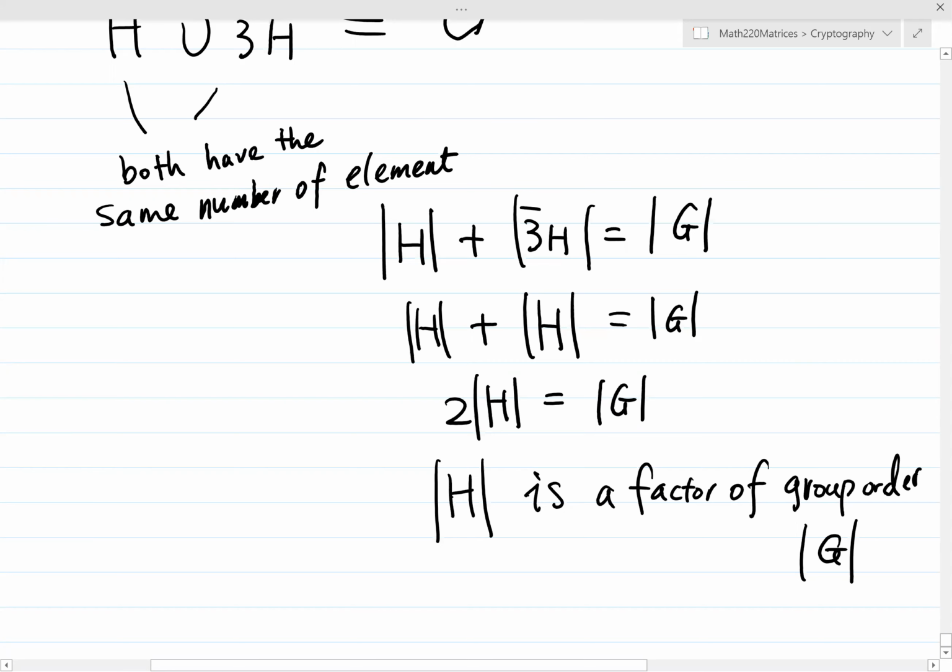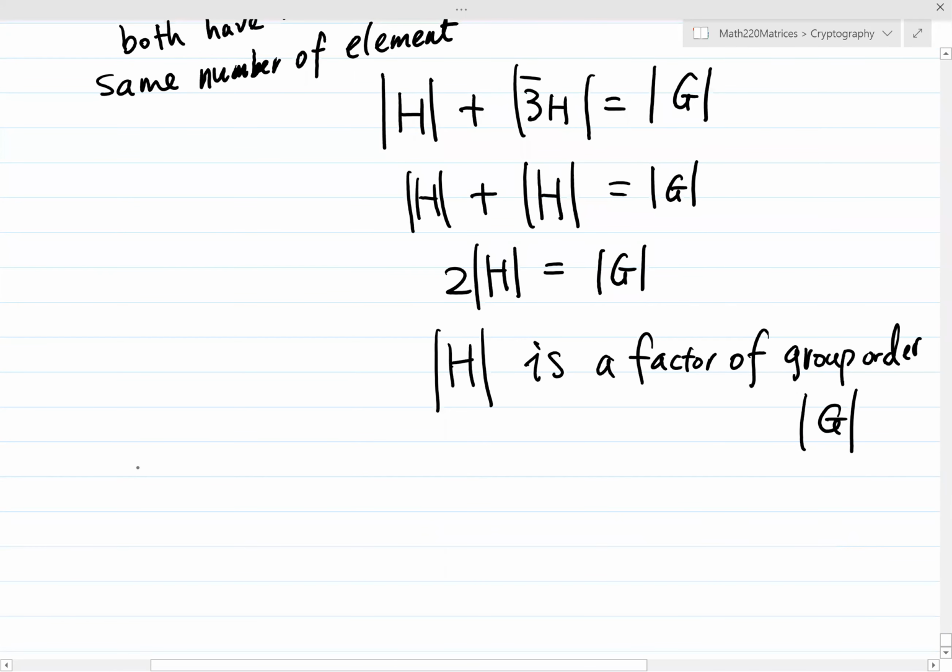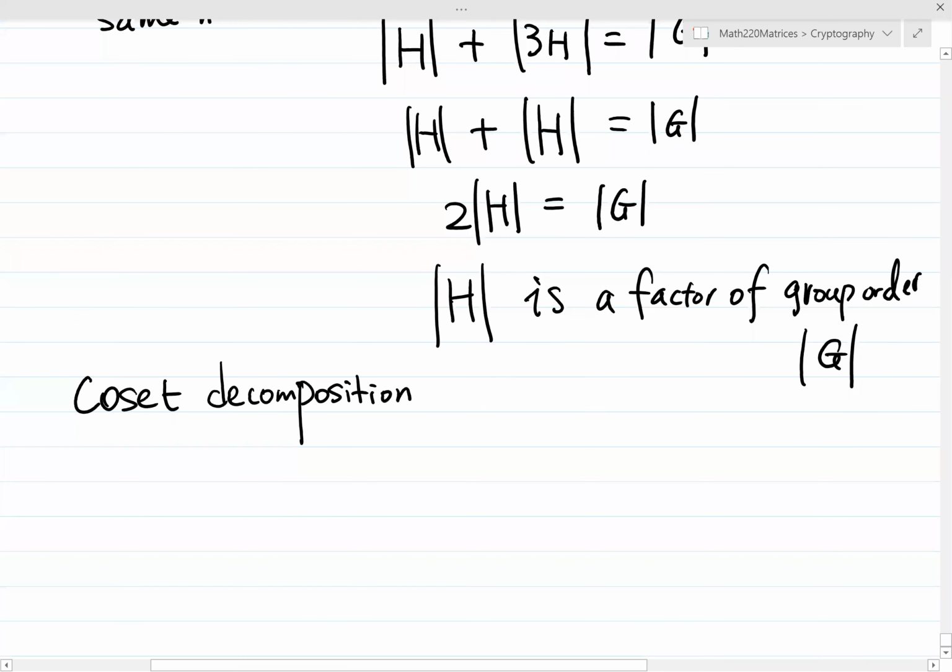So in general, we have coset decomposition. It's not necessarily that we have 2 equivalence classes. You may have many equivalence classes. So we can write G as the union of g_i H, i from 1 to some number n.